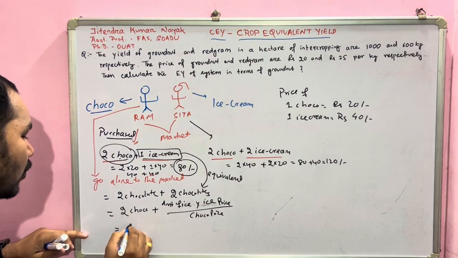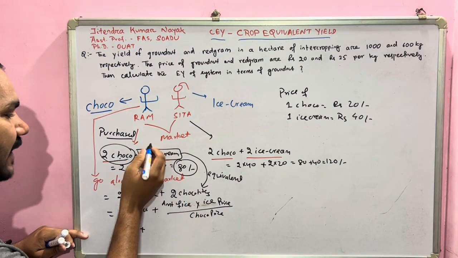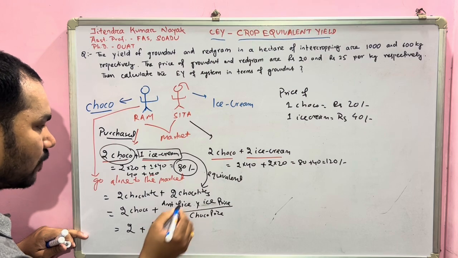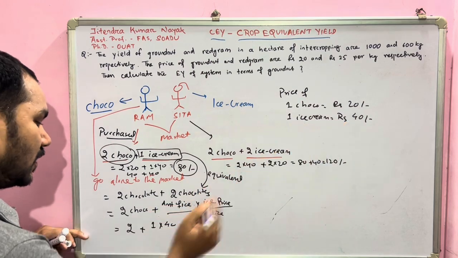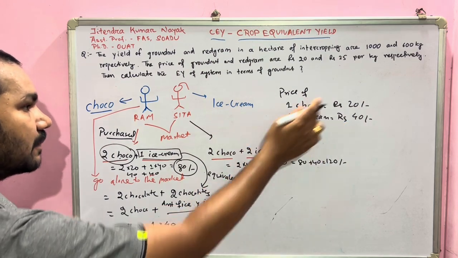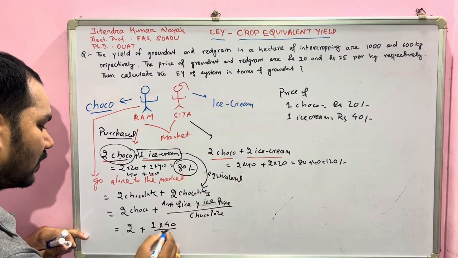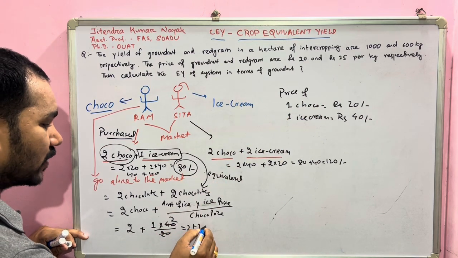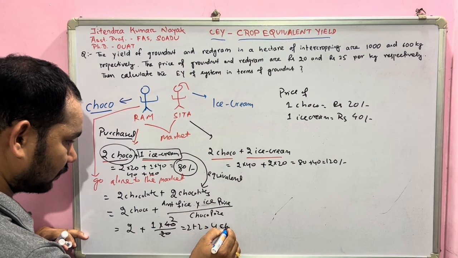So 2 plus the amount of ice cream, 1, into price 40 rupees, divided by chocolate price 20 rupees. 2 plus 2 is equal to 4 chocolates, yes or no?